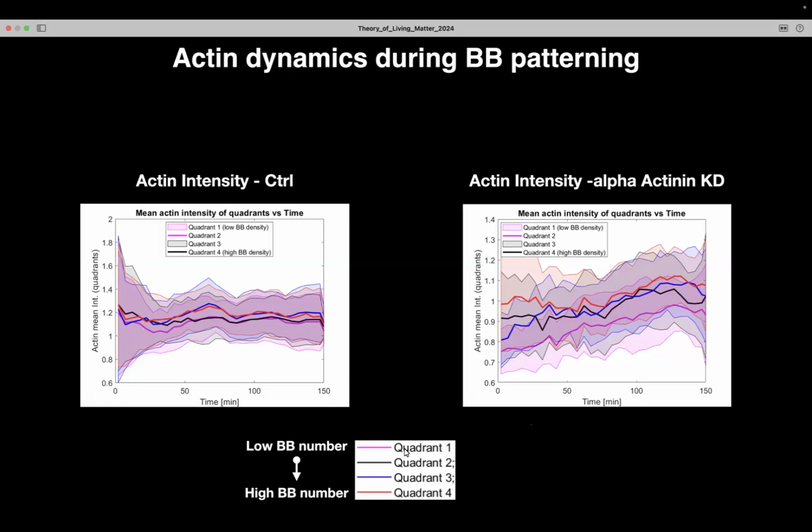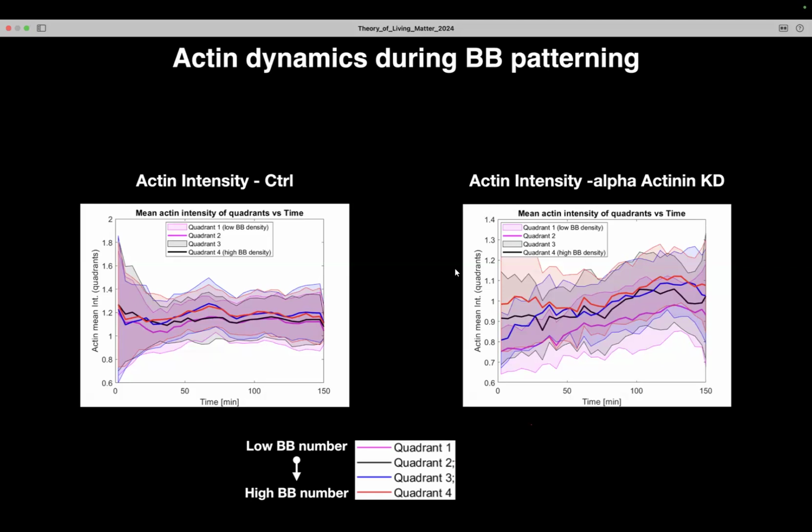Here again, we are looking at the intensity of actin in these different quadrants that we ordered according to the density of basal bodies, and we plot this intensity of actin in time. In the control situation, we see that there's no difference in the mean intensity of actin as plotted in time. It's kind of a flat line.